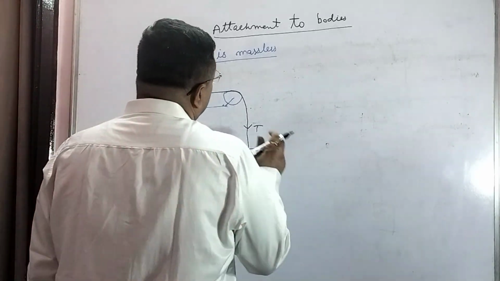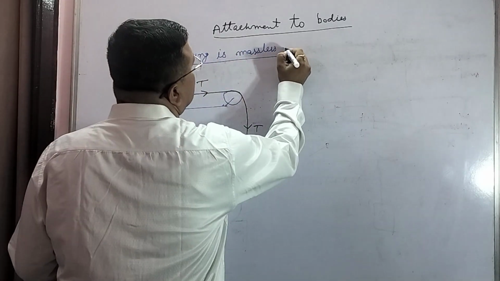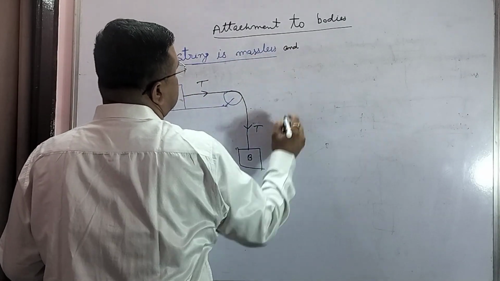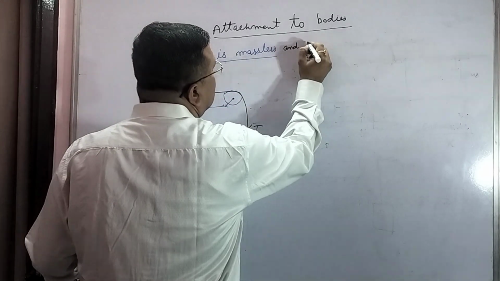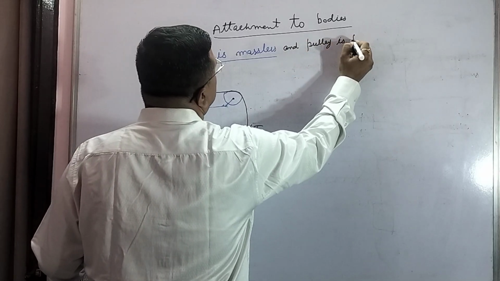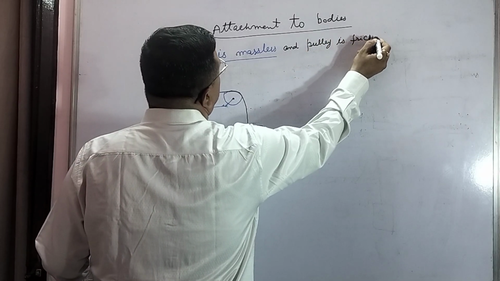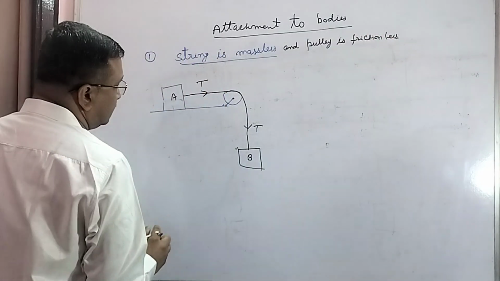Fine. Also we have to consider that a string is massless and here the pulley is frictionless. So what are these conditions?